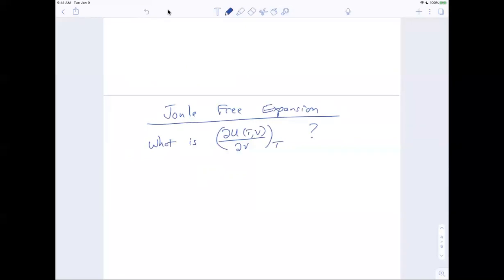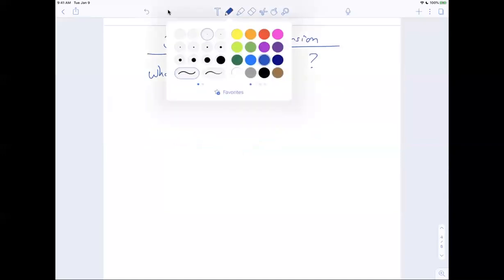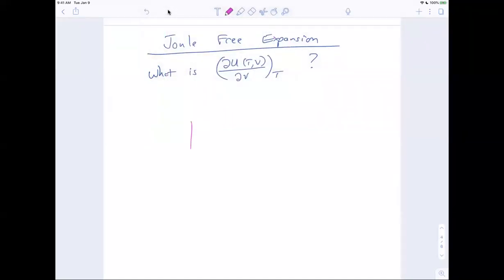And so here's the experiment. I'll give you the experiment first. So we have a container, and the container is insulated.